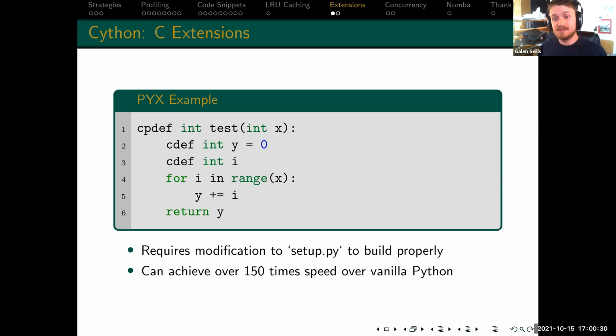And what you can also see is that there are declarations of integer types for this particular function, but Cython provides doubles and other things, characters and such. So you can notice, especially narrowing in on the for loop here, that it says for i in range of x, but right above that, I actually ended up having to define cdef int i.